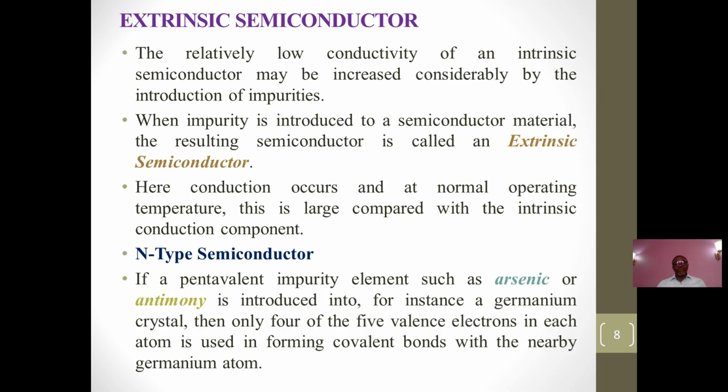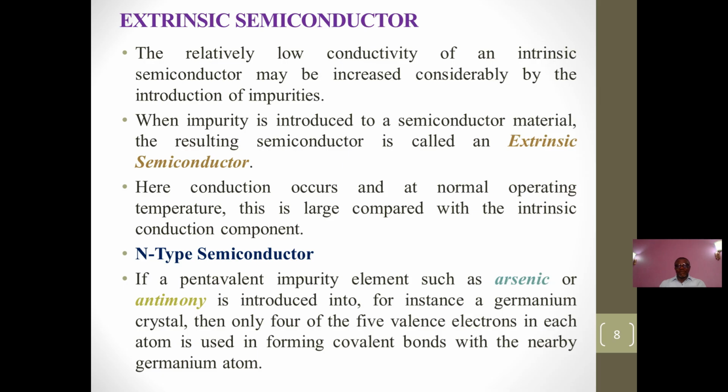So we say that if a pentavalent impurity element such as arsenic or antimony is introduced into, for instance, a germanium crystal, then only 4 of the 5 valency electrons in each atom are used in forming covalent bonds with the nearby germanium atoms. Now, germanium, which we said is a semiconductor, behaves as an insulator in its natural state.